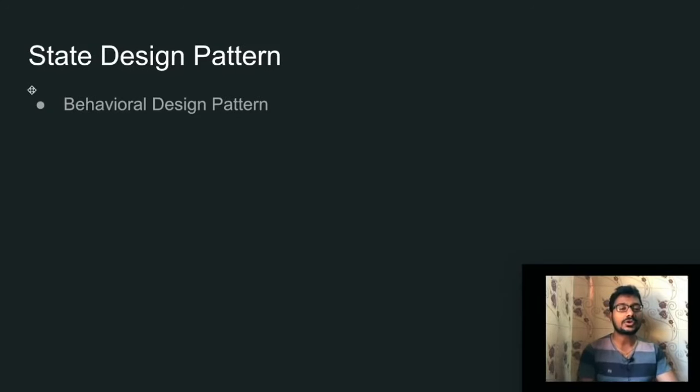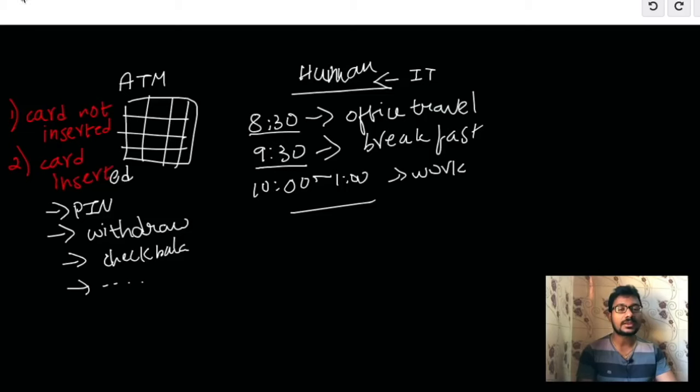So the first point is behavioral design pattern. The state design pattern falls under behavioral design pattern. The reason behind that is that based on state the behavior is completely changing. Here, with card not inserted, you can't do anything, you can just view the promo videos on the ATM display. If you have inserted a card and given your correct PIN number, then you could use the withdraw option, check balance and other features also.